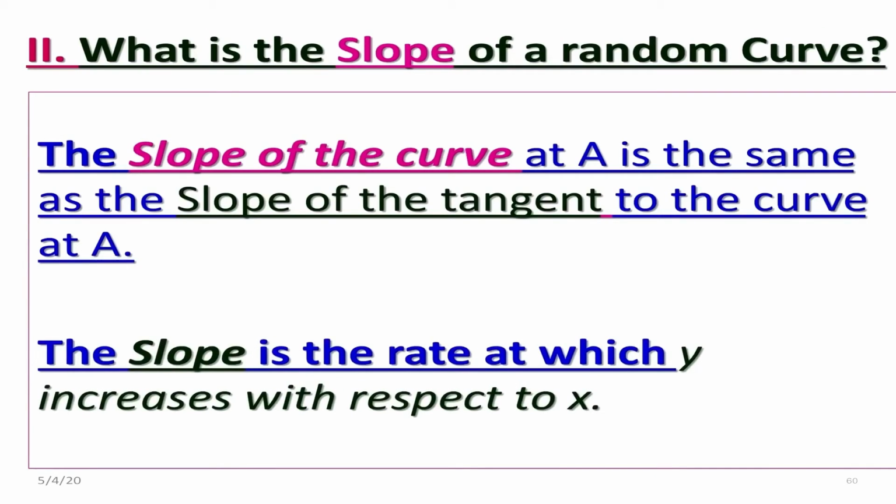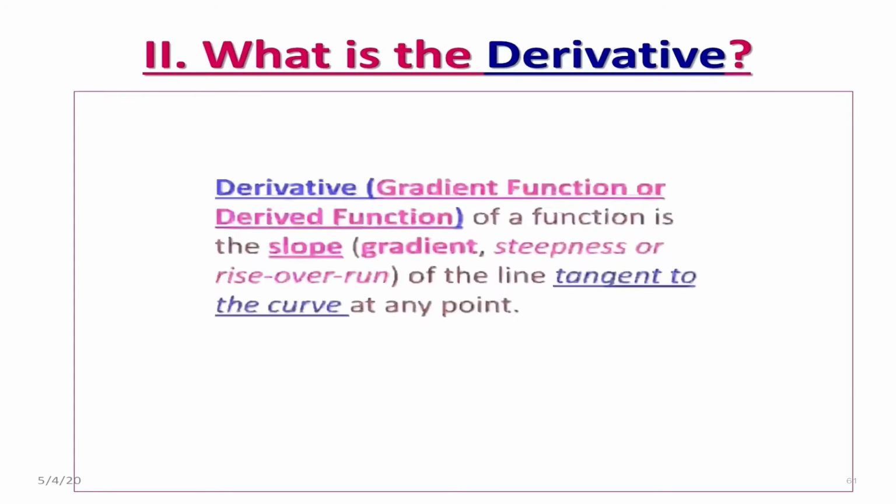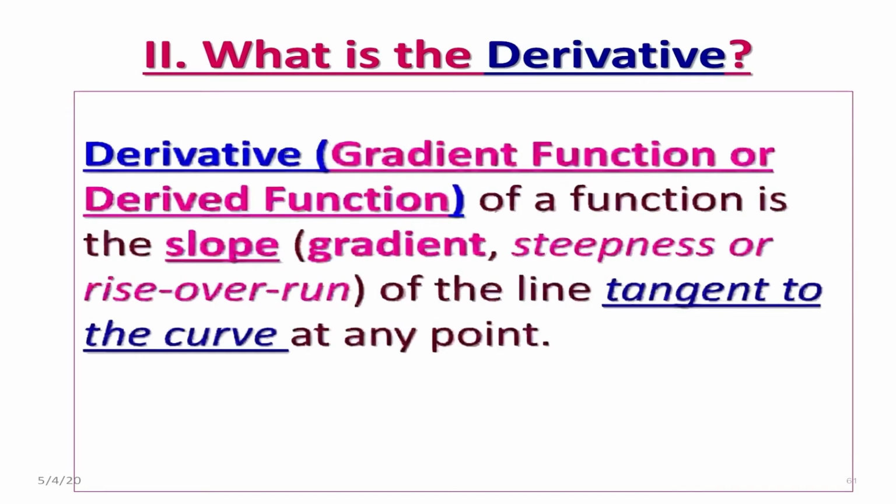So the slope is also the rate at which y increases with respect to x. So the derivative of a given function is a new function that gives you the slope of the line tangent to a curve at any point. So the derivative, gradient function or derived function of a function is the slope, gradient or steepness or rise over run of the line tangent to the curve at any point.